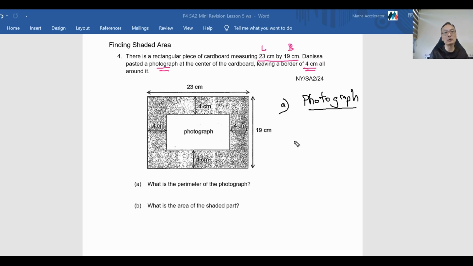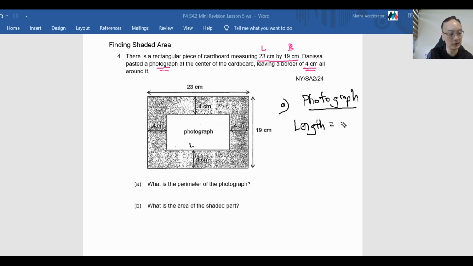In order to find the perimeter, we need to know, number one, the length, and number two, the breadth. So let's write the word length. The cardboard length is 23 cm. We have a 4 cm border. We need to take away these two sides of 4 cm to get the length of the photograph, right?